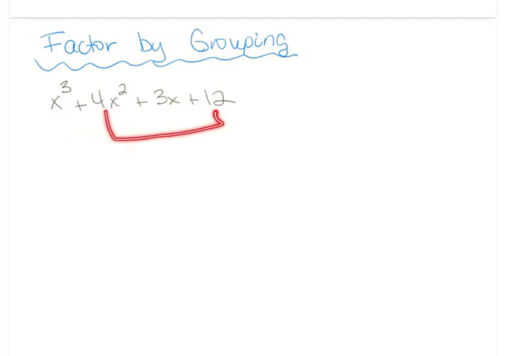And I could put these two together, because what do they have in common? 4, right? So when you put them in groups, you want them to have something in common. So you just want to do first two, last two for the first time around. So let's group it with these two together and these two together.